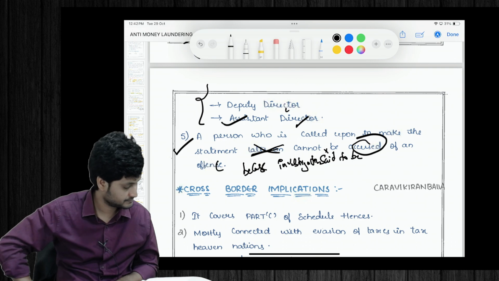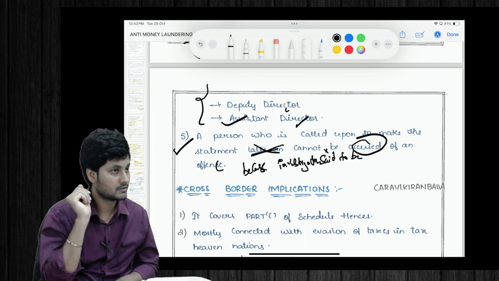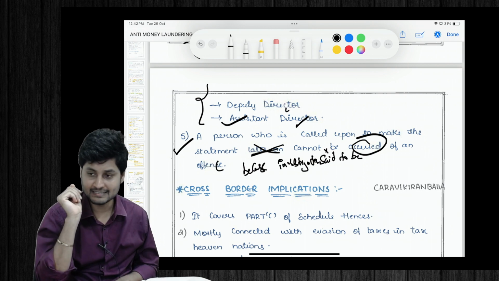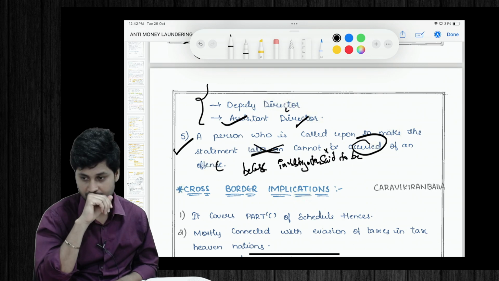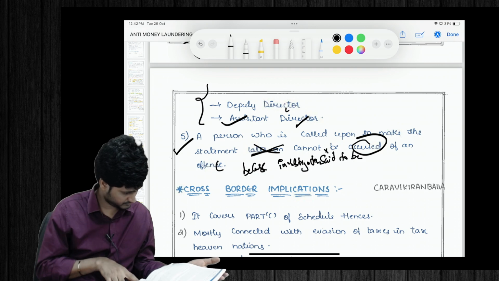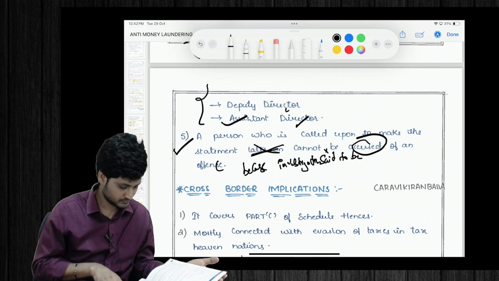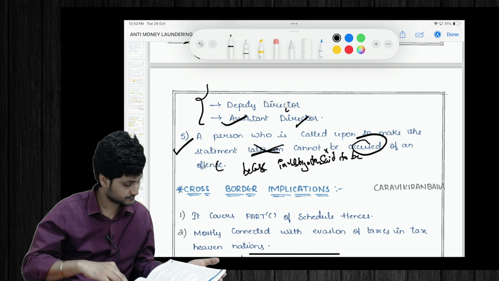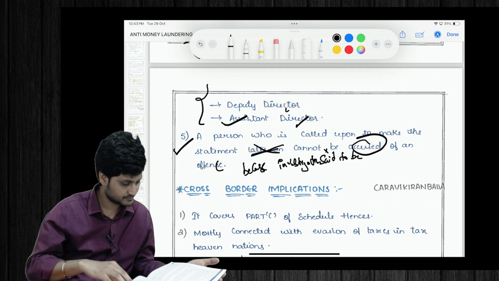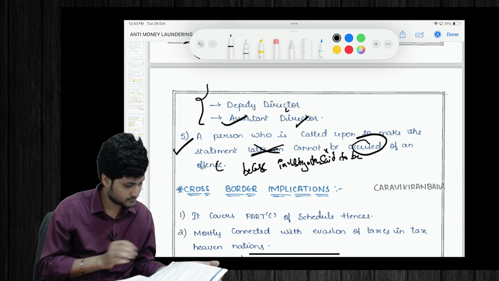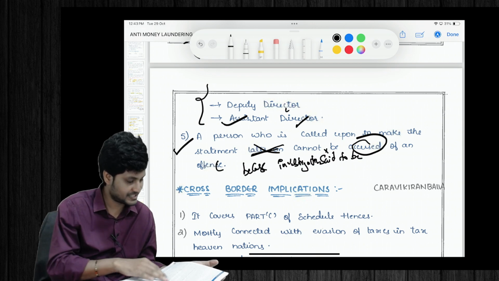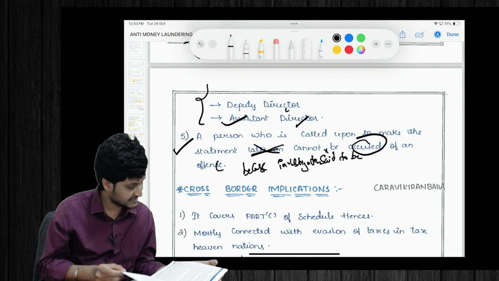And hence, conclusions cannot be arrived at without fully completing the investigation. That's it.